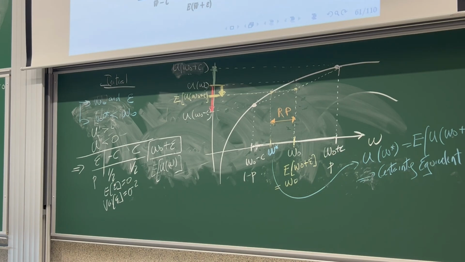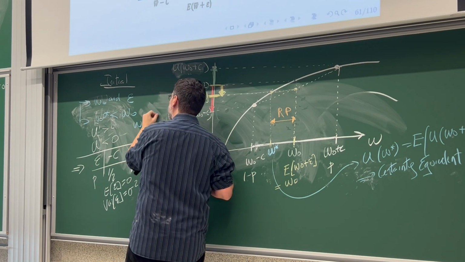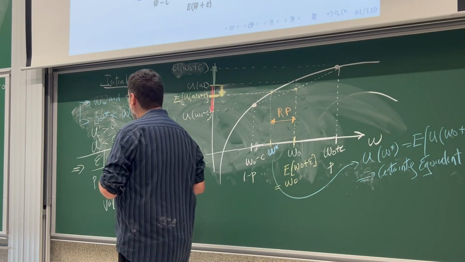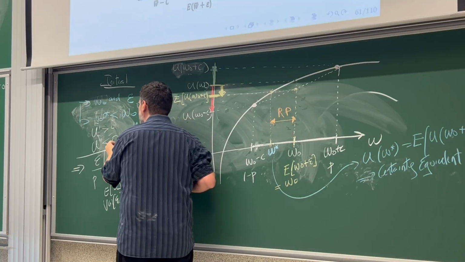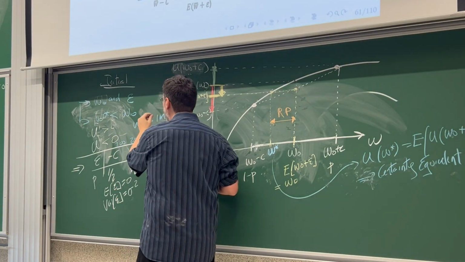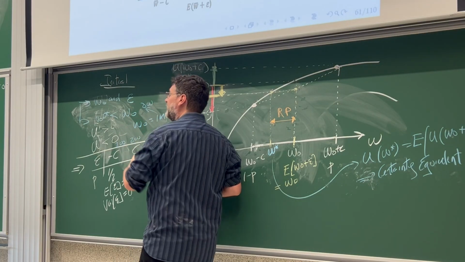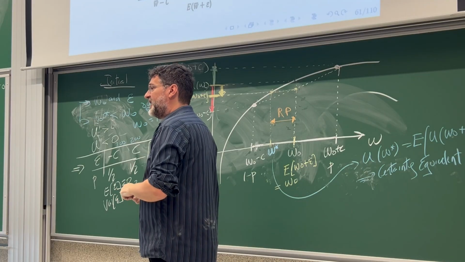So let's say that the initial wealth is 1 million. Alright? Let's shock this guy with 200,000. So the wealth of the guy is going to go to 800,000 or 1.2 million. And the guy says, I don't want that.